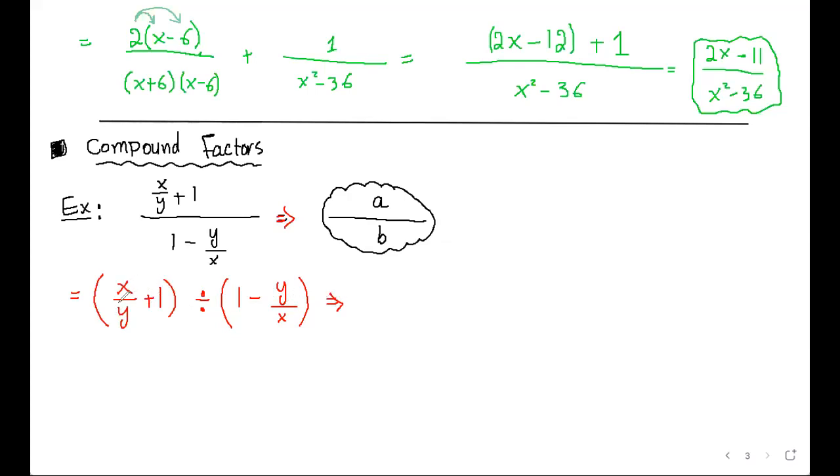So the first parentheses, x over y plus 1. What is this equal to? How can I solve this one? And the second one, 1 minus y over x. What is that equal to? Here we have to use the least common denominator, or we can do the cross multiply. Which way do you want to use?